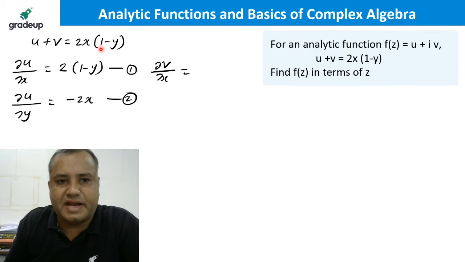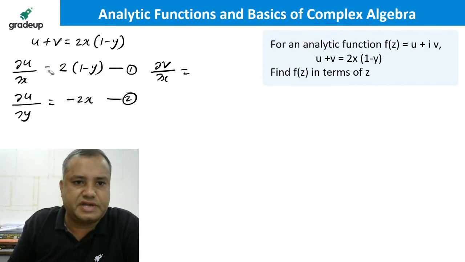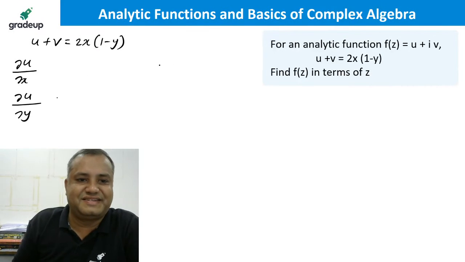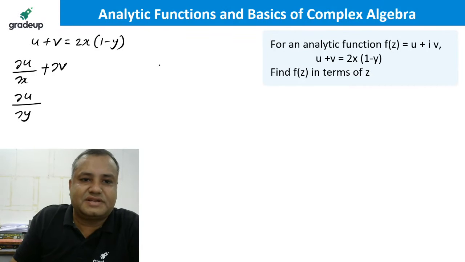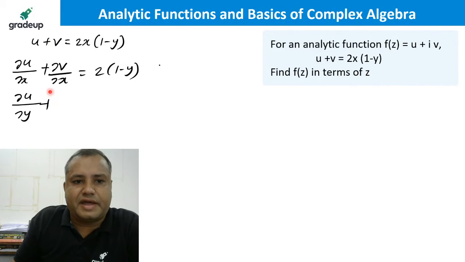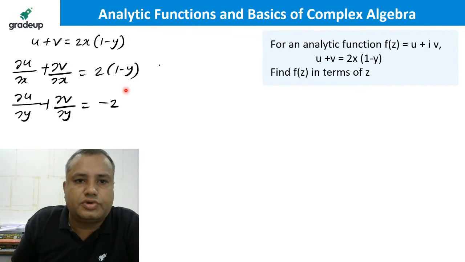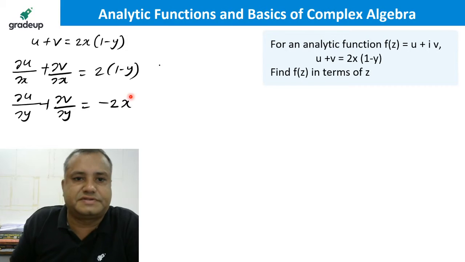Just a moment, I have made a mistake here. Del u by del x plus del v by del x will be 2 times (1 minus y). Del u by del y plus del v by del y will be minus 2 times x.